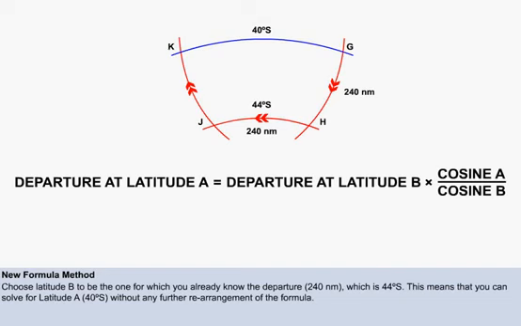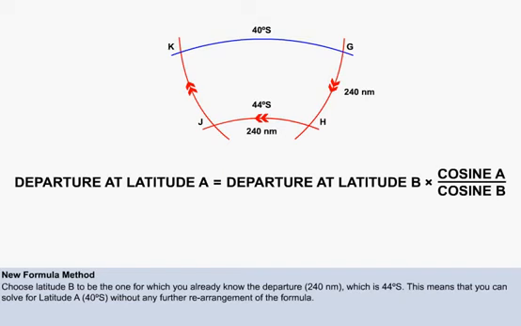Choose latitude B to be the one for which you already know the departure, 240 nautical miles in this case, which is 44 south. This means that you can solve for latitude A, which is 40 south, without any further rearrangement of the formula. It now becomes departure at latitude A equals departure at latitude B times cosine A over cosine B.